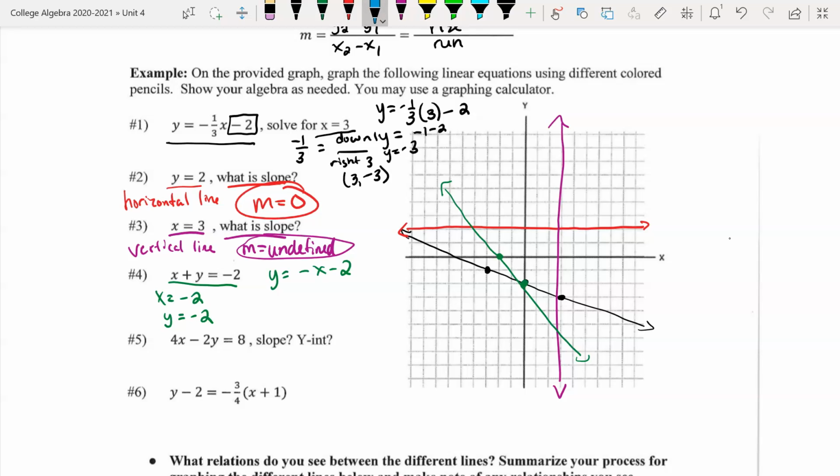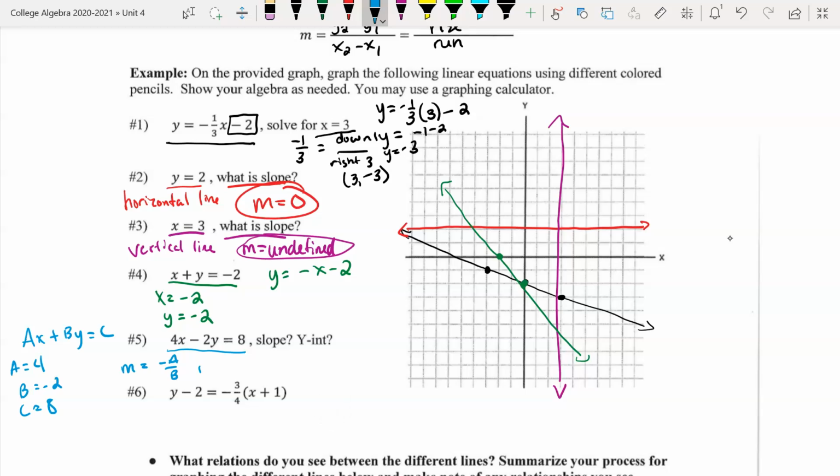Okay, this one, again, in standard form. There's some shortcuts if you look at your notes at the bottom. So standard form, the shortcut for slope is -a over b. And standard form is written as ax plus by equals c. So in our case, a is 4, b is -2, and c is 8.